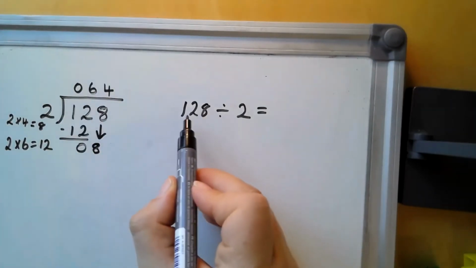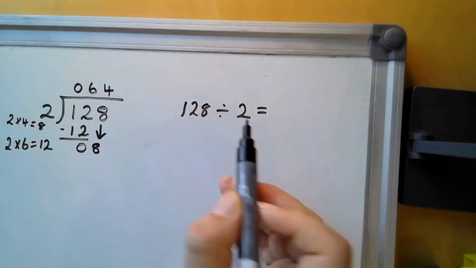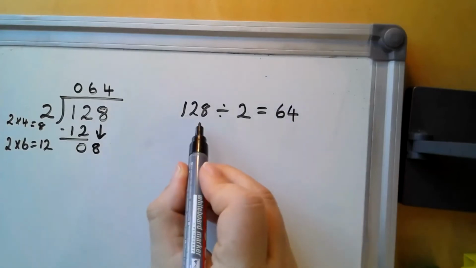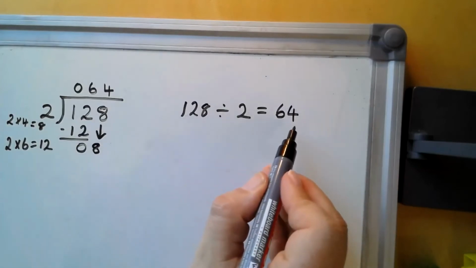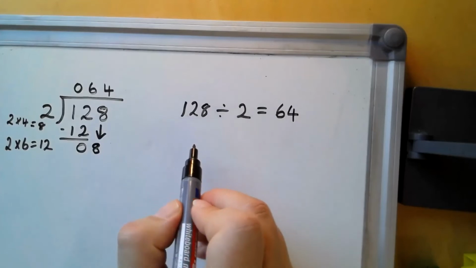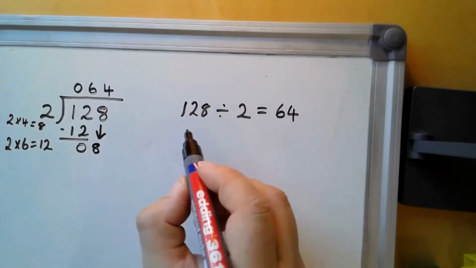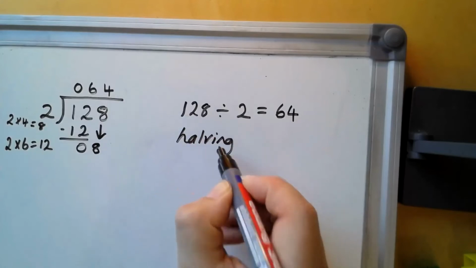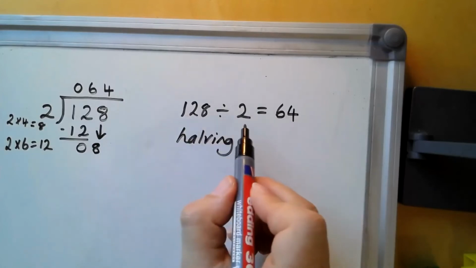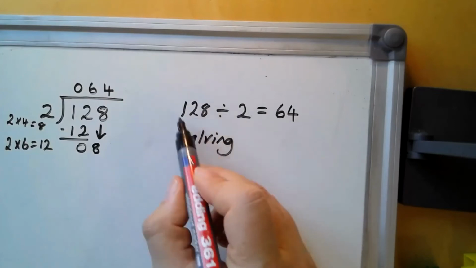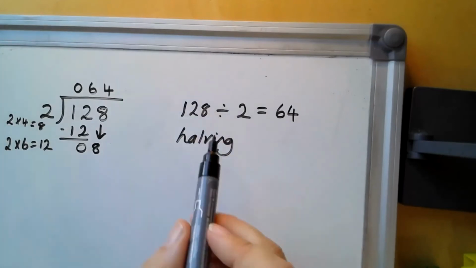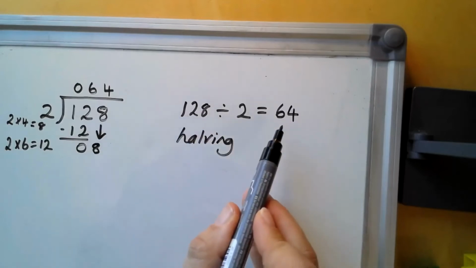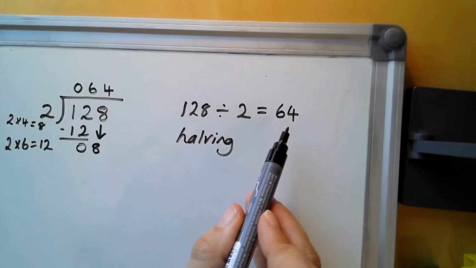Therefore, what we've got here is 128 divided by 2, which is 64. And when we divide by 2, it is also called halving. We are cutting 128 in half. And if we cut 128 into 2 equal parts, each part would be 64.